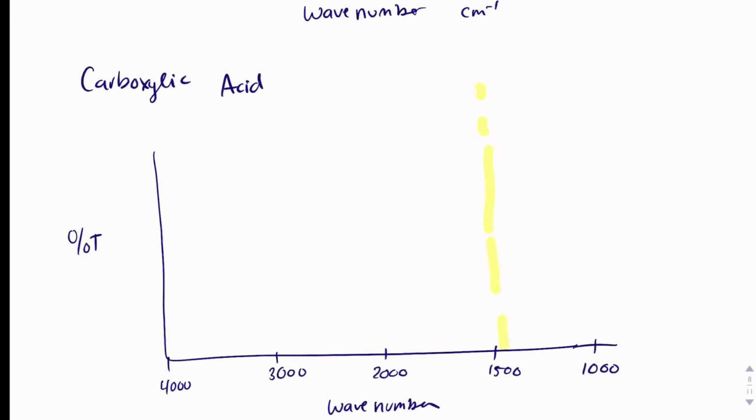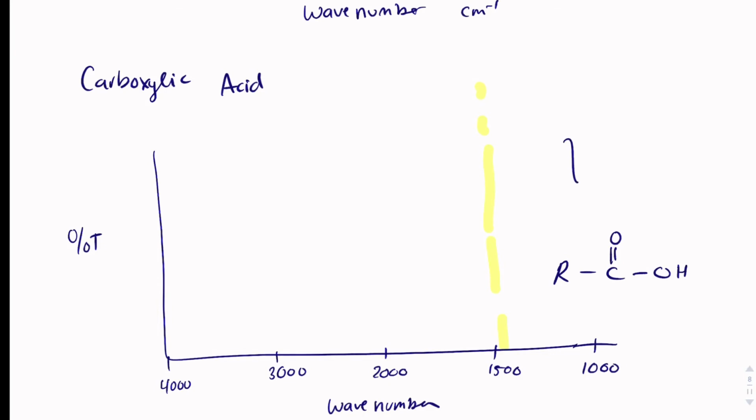You may not know them just yet because the way things are, you're just kind of learning them right now. But that's going to be RCOOH, or you might even write it OH like this, and then double bond O. So we can start to plug in some things that we know.